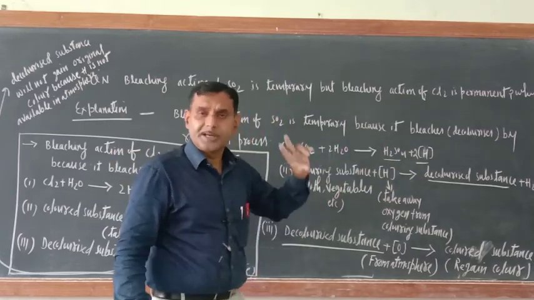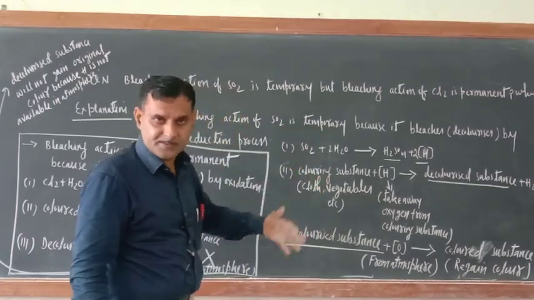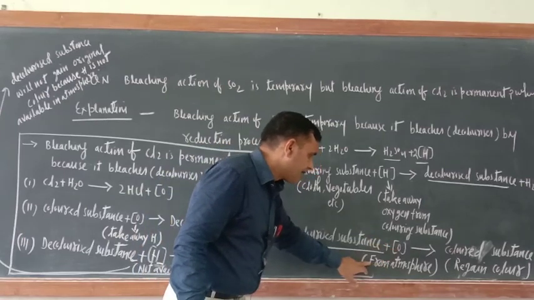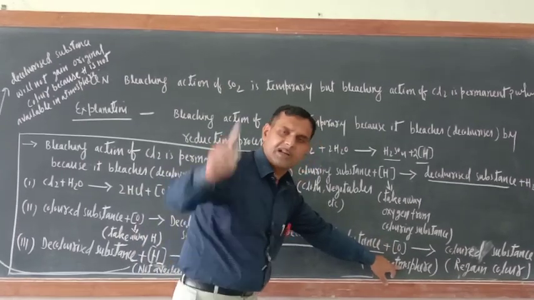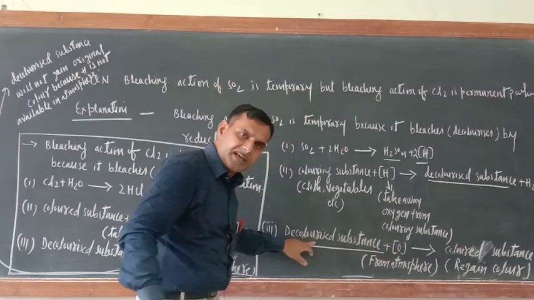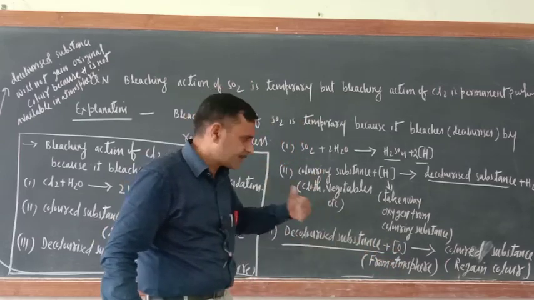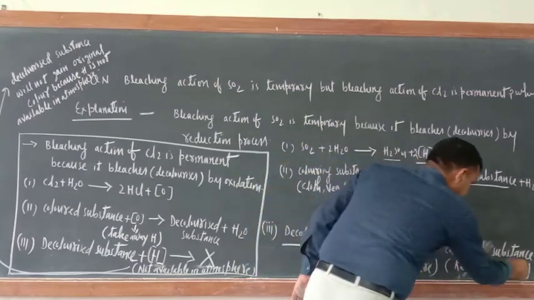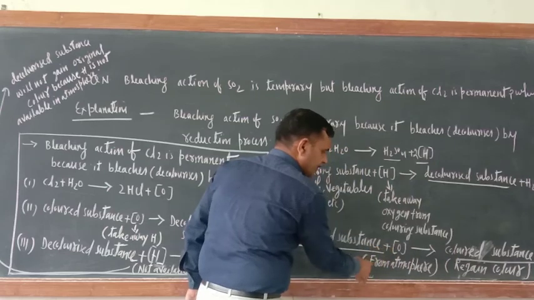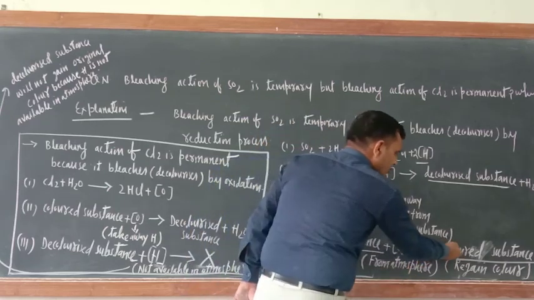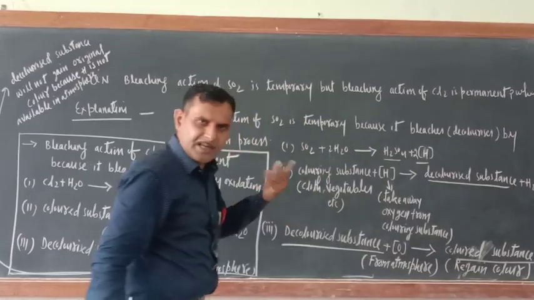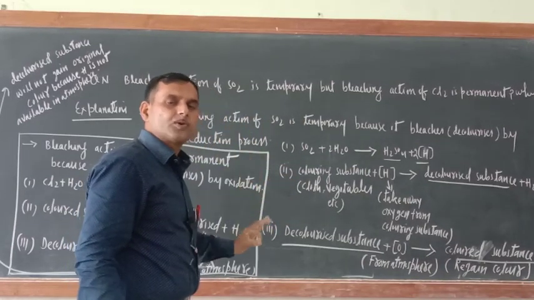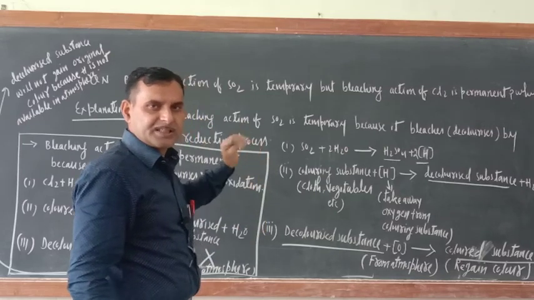But if the decolorized substance is kept in the atmosphere for a long period of time, decolorized substance plus nascent oxygen, because this nascent oxygen is available in the atmosphere, they will regain that oxygen, and the colored substance regains color. Since this oxygen is gained from the atmosphere, they will regain their original color. So why is SO2 bleaching action temporary?